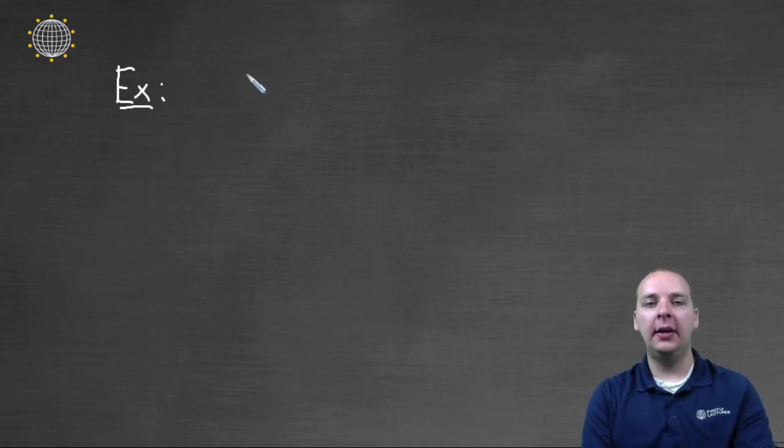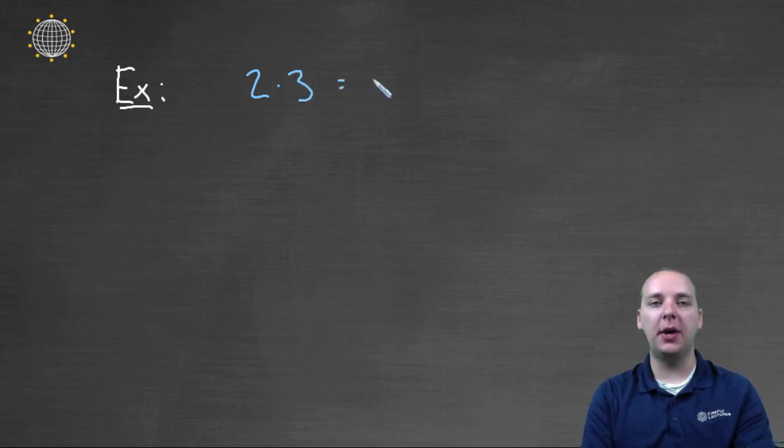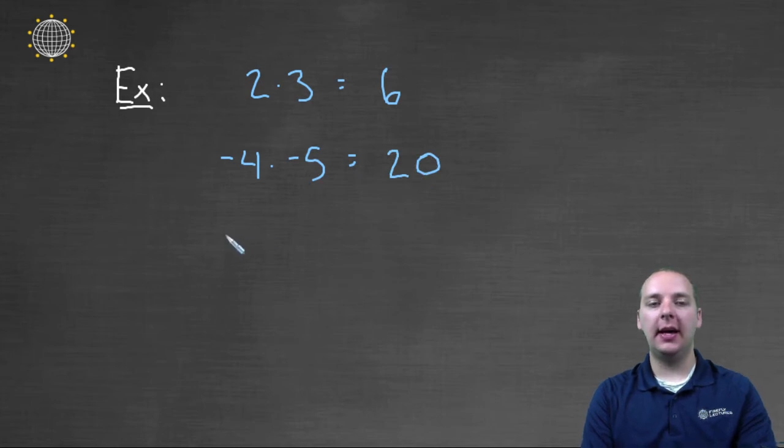Let's say we had 2 times 3. That's a positive times a positive. We would get a positive 6. Let's say we had negative 4 times negative 5. That's a negative times a negative. Our answer will be a positive 20. Let's say we had 3 times negative 10.